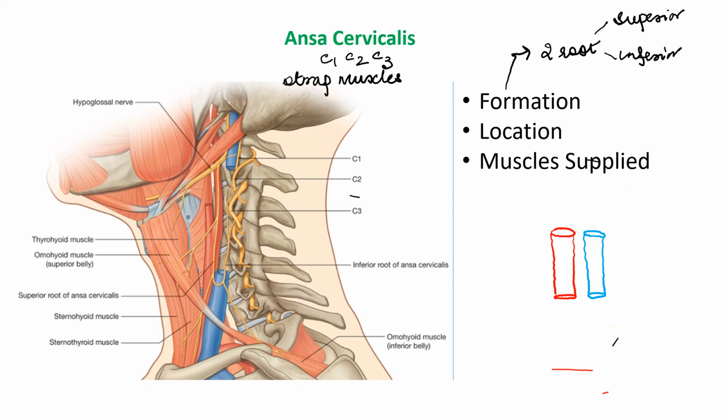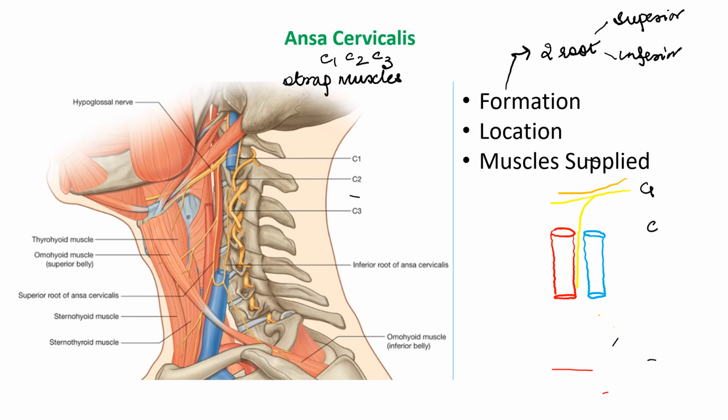The C1 fibers come to lie anterior to the carotid sheath in between the common carotid and the internal carotid, depending on what level we are seeing it at, and the internal jugular vein. These fibers are the ones which have hitchhiked with the hypoglossal nerve. Some C1 fibers continue with the hypoglossal nerve. So these are the C1 fibers.